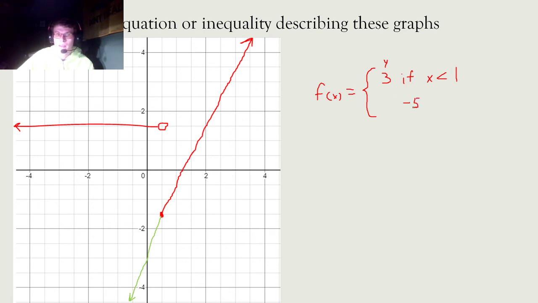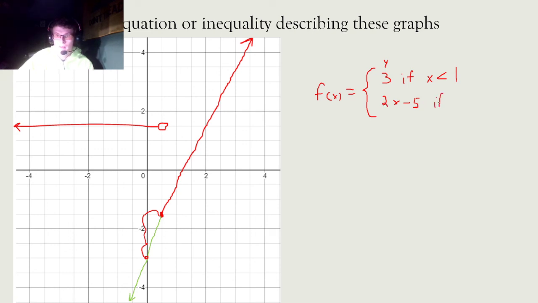Okay? Then let's take a look at my slope. It goes up 3 over 1. Because here's my y-intercept. Up 3 over 1. Okay? So 3x. Is that right? Or did I do that wrong? I think I did that one incorrect. It's actually 2x. 2x minus 5.